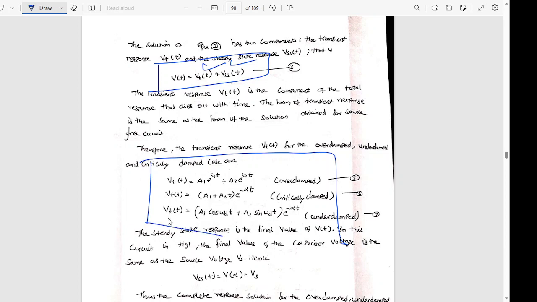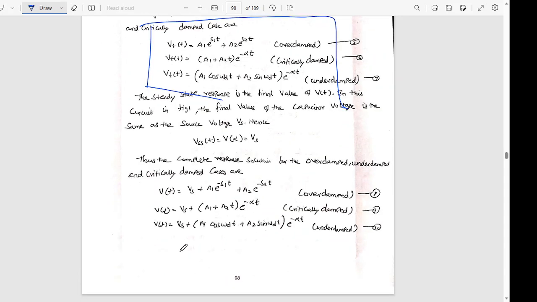Along with that, the steady state response also has to be added in the step response. The formulas I am using here will be almost the same, similar to the source response of parallel RLC.